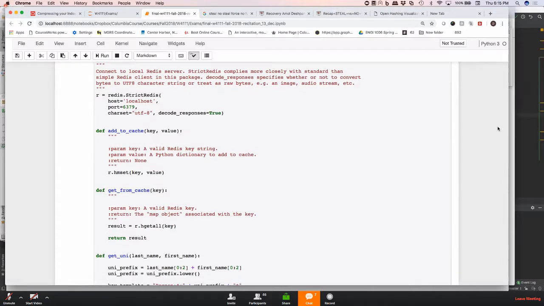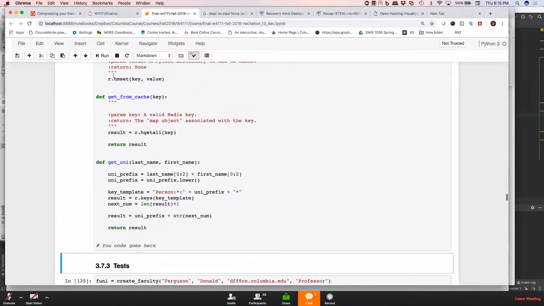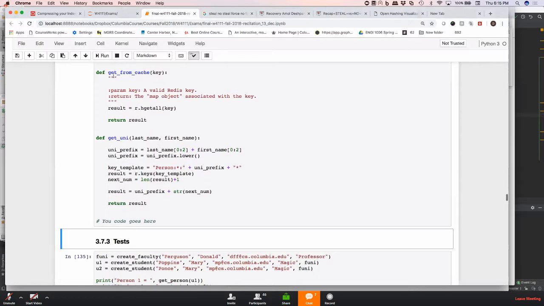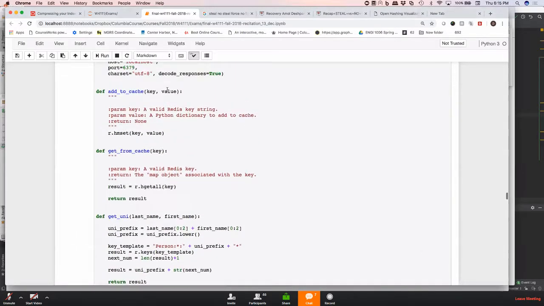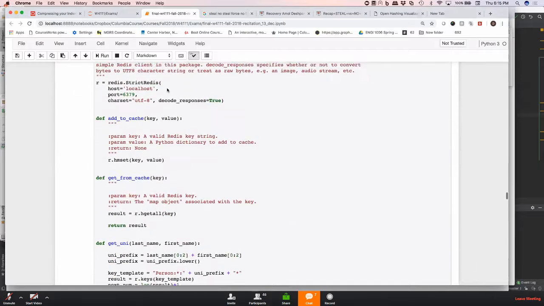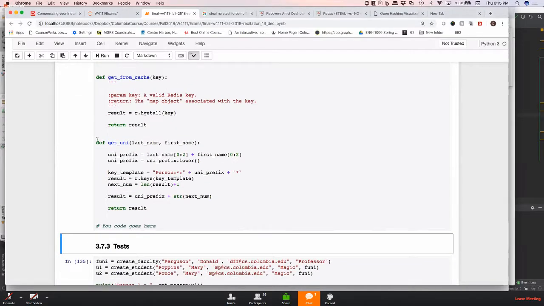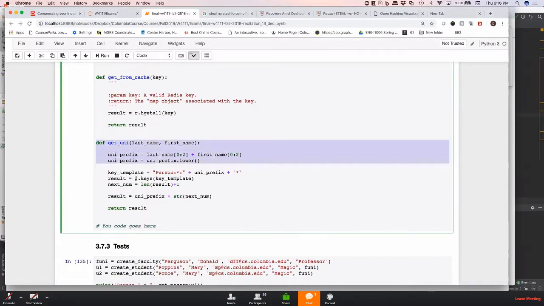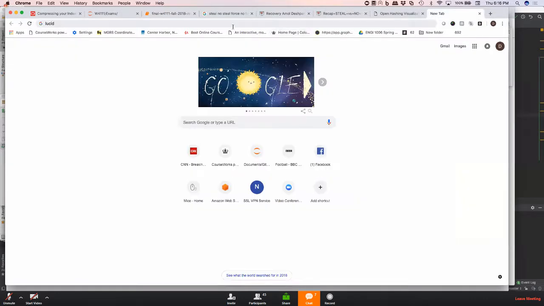All right, so I gave you this kind of code here. And this is kind of like a really wicked hint as to what the answer is. Because Redis treats keys as just strings.